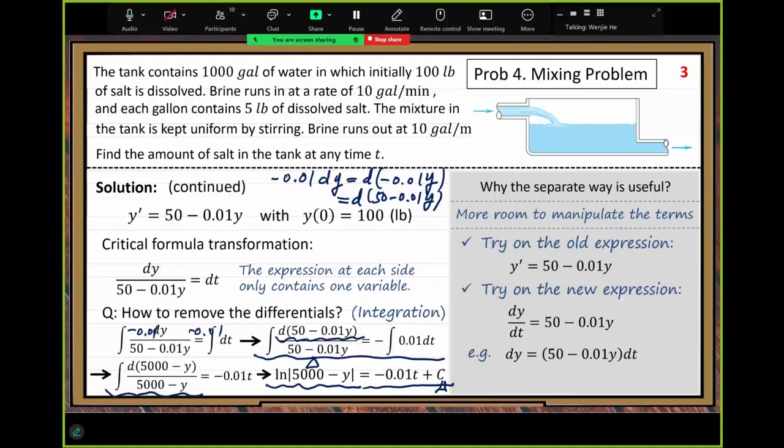Every time, 5 pounds per minute, 10 gallons, so 50 pounds per minute. Let me see. Think about it, is it possible to be greater than 5,000?